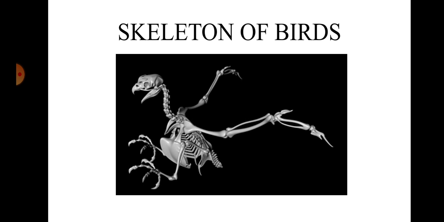Okay, they walk with their legs on the ground and they also fly in the air. Ducks and swans also swim in water. The presence of hollow and light bones reduces the weight, a flying adaptation in birds.